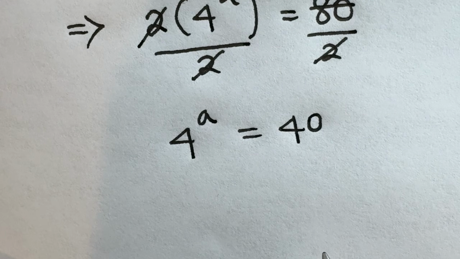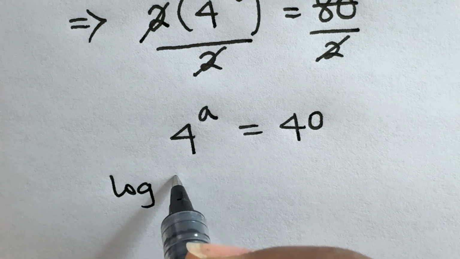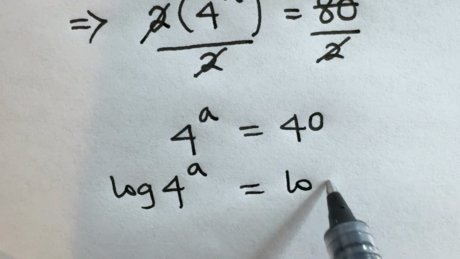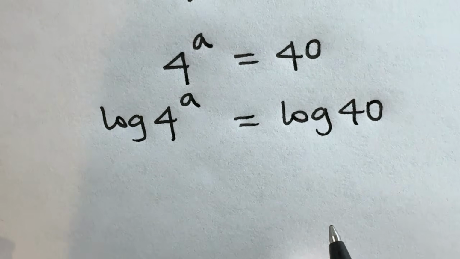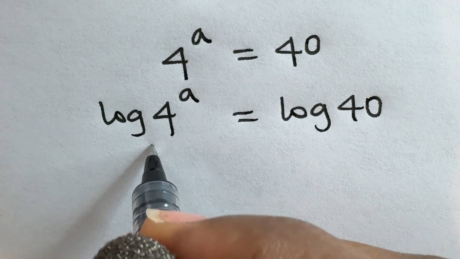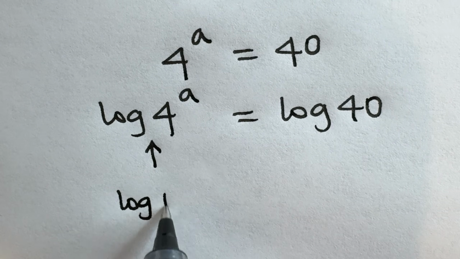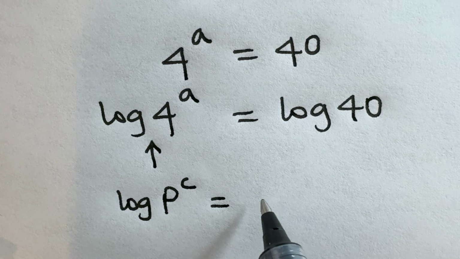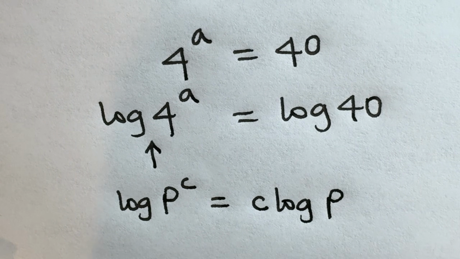This is an exponential equation. Let us take the logarithm of both sides of this problem. So we have log 4 raised to power a is equal to log 40. This expression on the left is of the form log p raised to power c, and by law of logarithm this will give us c times log p.